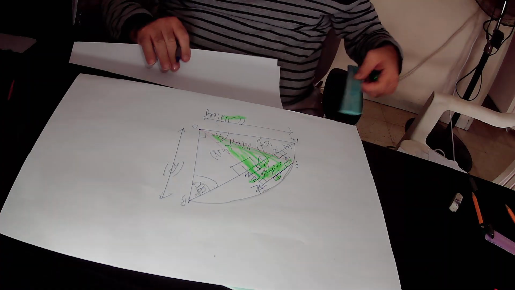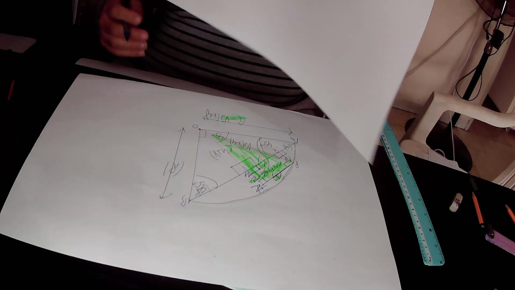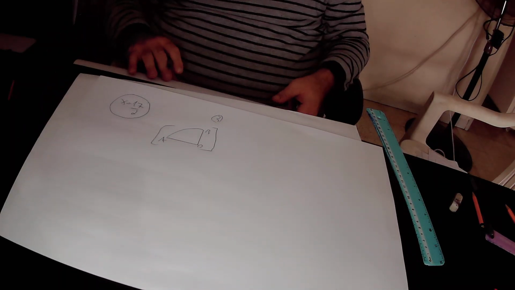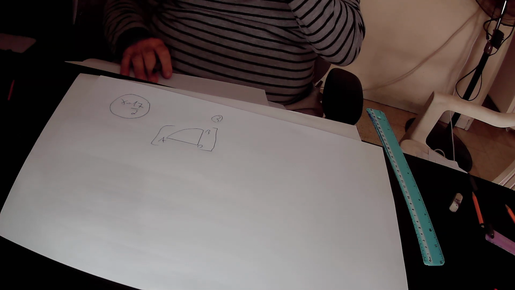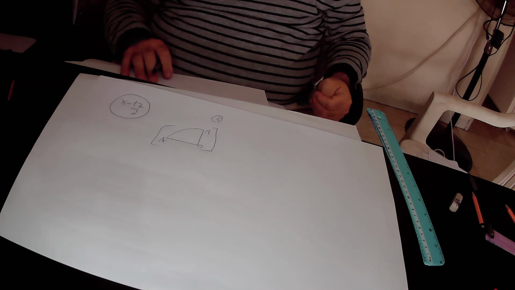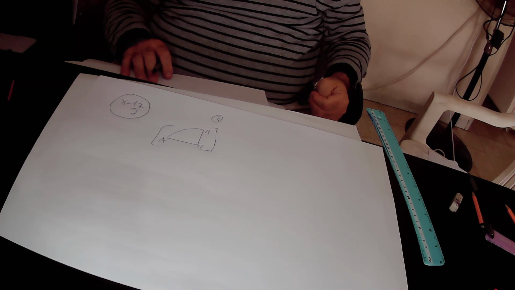Again, our task is to find out the area of this quarter circle A or B. Any quarter circle is 1/4 of a circle.